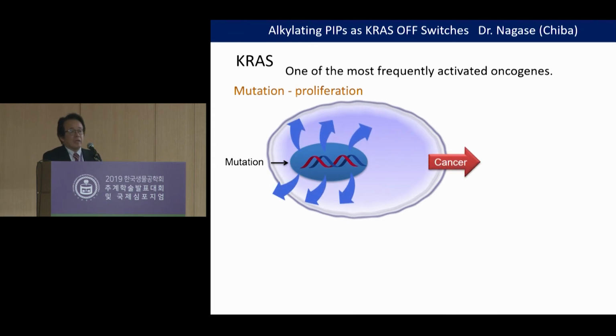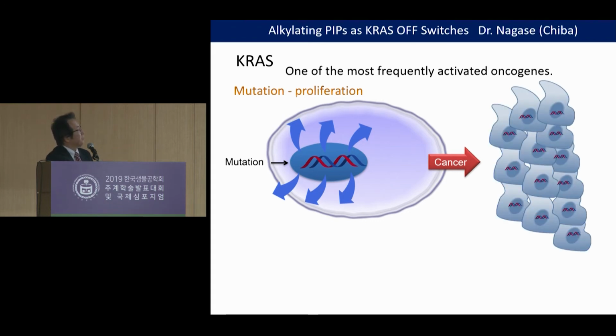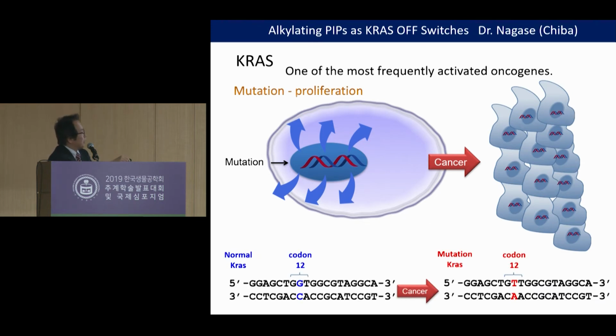The first one is inhibition of KRAS. KRAS is one of the most frequently activated oncogenes. A mutation causes uncontrollable proliferation. The actual major mutation is at codon 12, GGT to GTT.